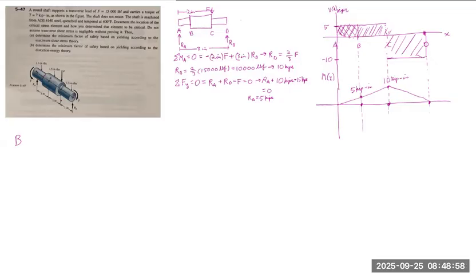We first have to find the shear stress due to torsion, because as you twist this shaft, it'll create a shearing stress on the face of B that goes like this and decreases as you go towards the center.